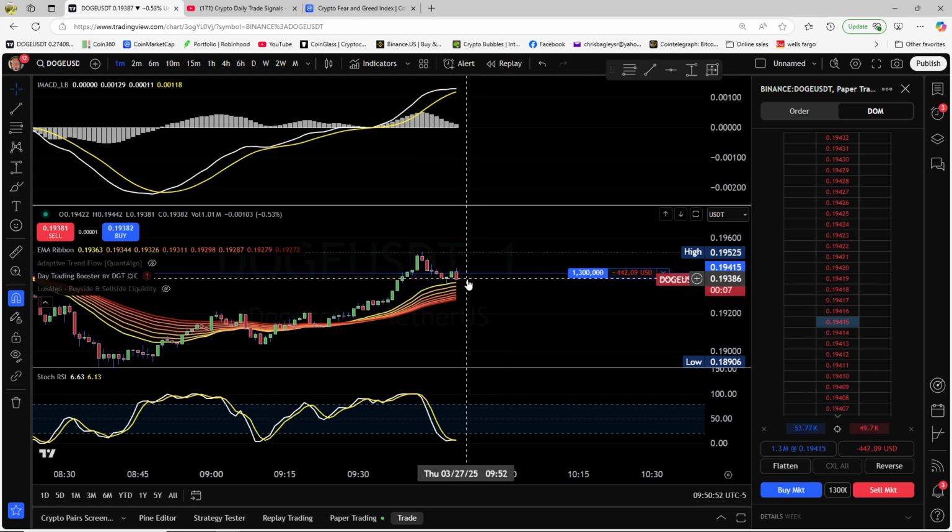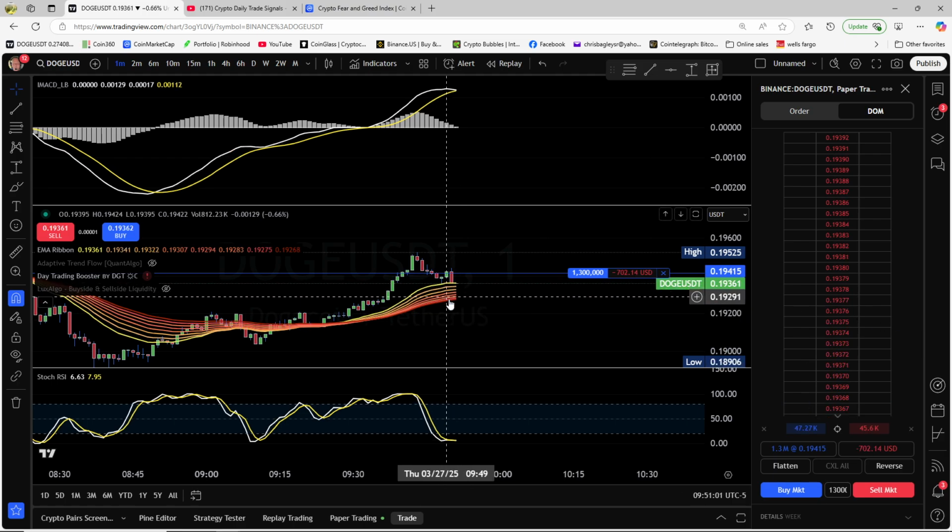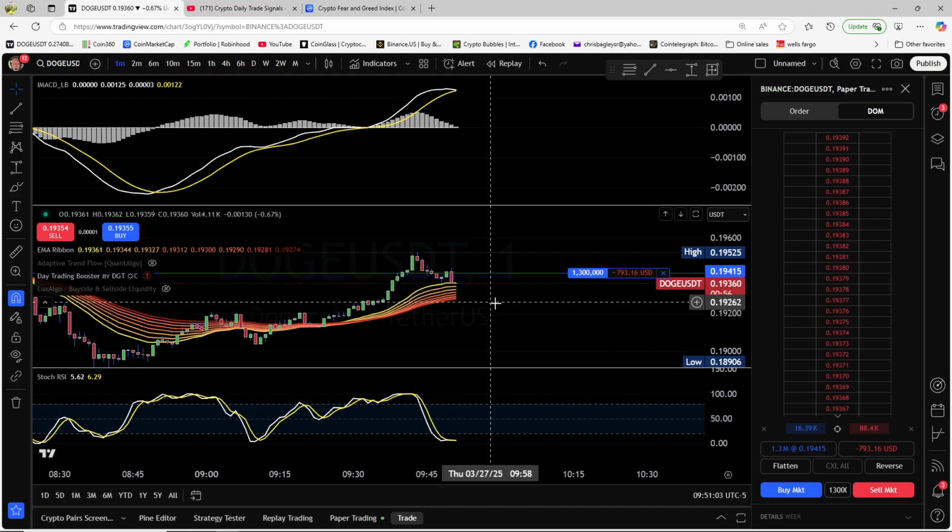Well, it looks like the bears have a different story. They are pushing it back down again. That's why I told you guys the 1 minute time frame is so volatile.